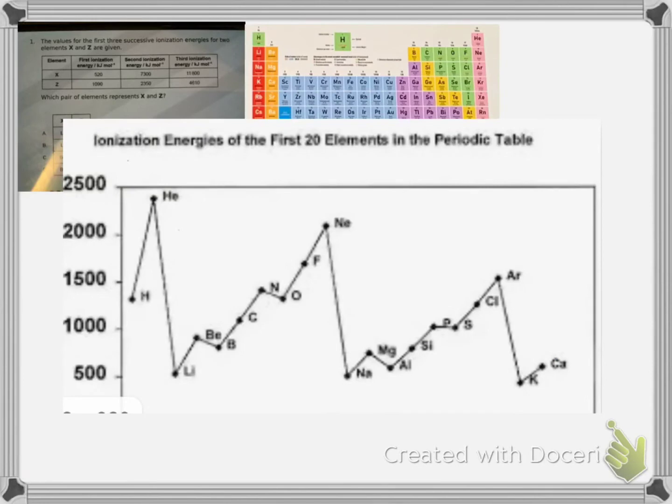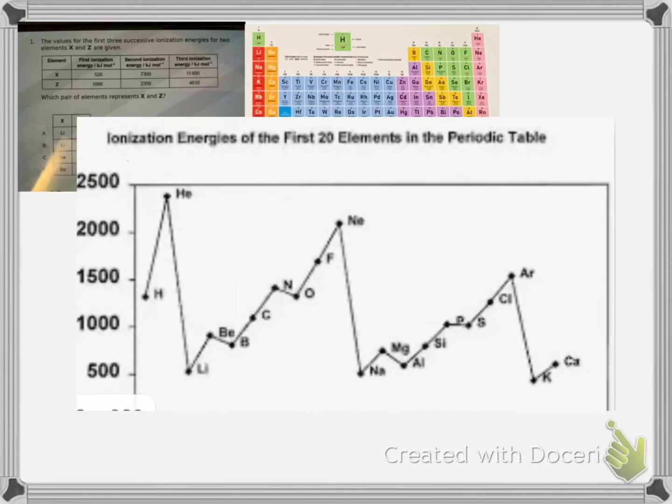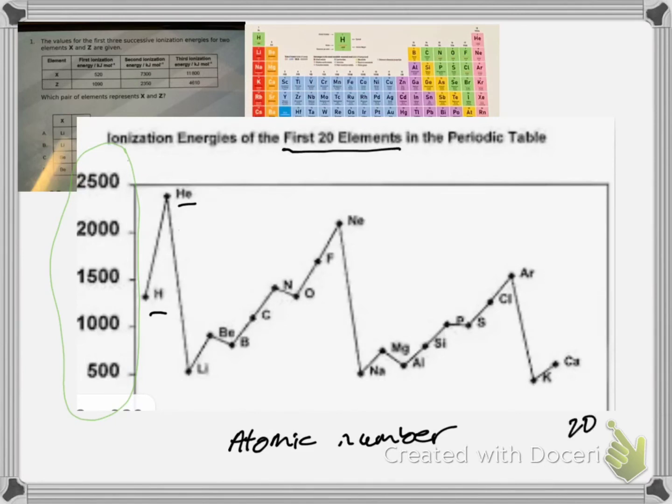This is the graph of the ionization energy of the first 20 elements of the periodic table. These values are the ionization energy values of each element, and you could also put the atomic number as the x-axis, since it covers the first 20 elements.